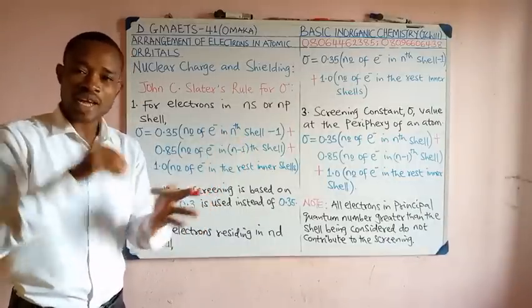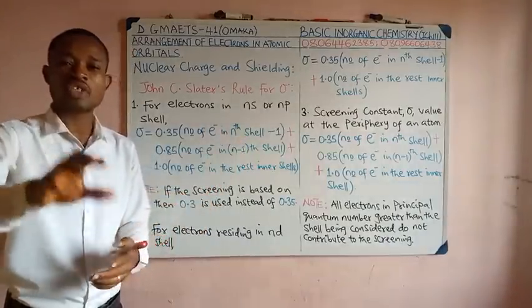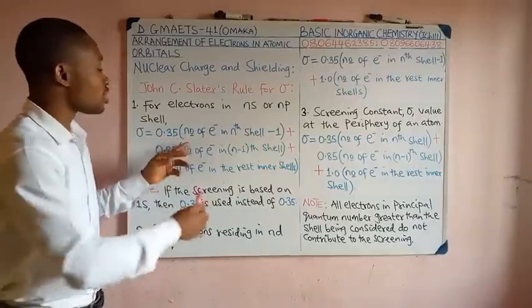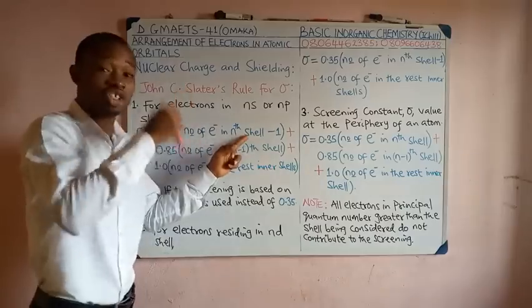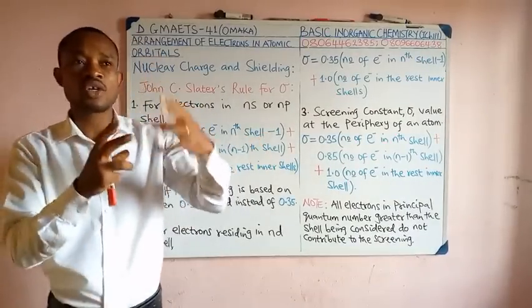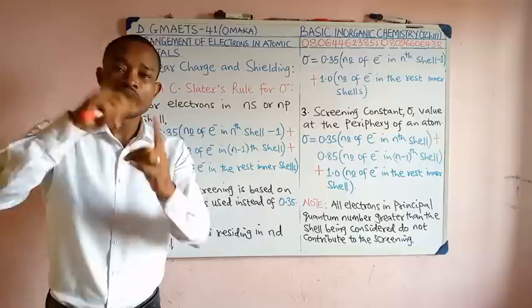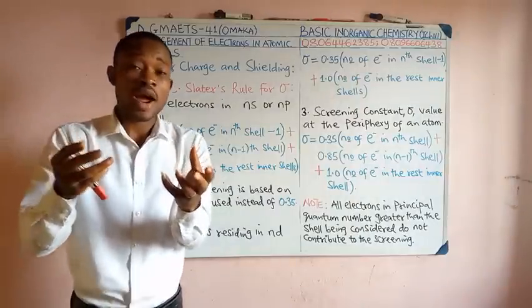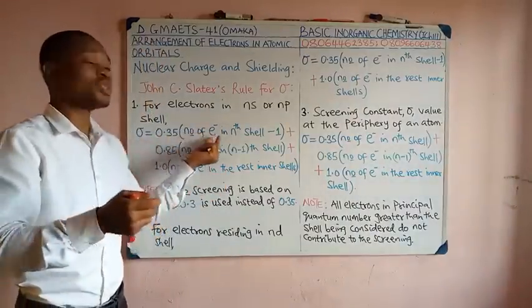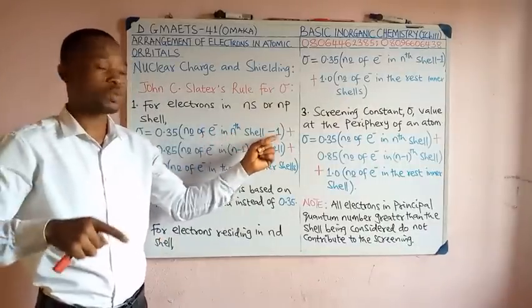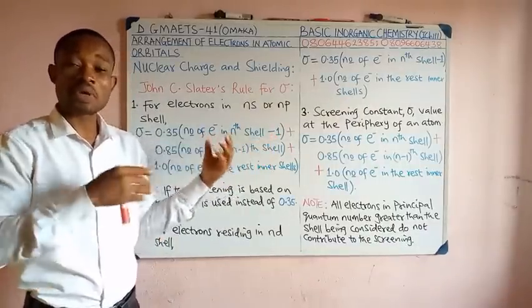Take note, the n shell is that particular shell that the question is based on. So it's going to be 0.35 times the number of electrons in that shell minus 1 electron. Which means if you're calculating based on 3s2, 2 is the number of electrons there in that n shell. So it will be 0.35 times 2 minus 1, because the number of electrons in that n shell is 2. You have to subtract 1 from it, which eventually becomes 0.35 times 1.